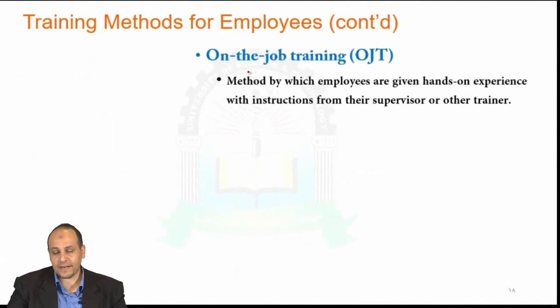Now, on-the-job training, as we said before, you learn by observing and you learn by practicing. So this is one of the most practical methods of training. It is the method by which employees are given hands-on experience with instructions from their supervisor or other trainer. In other words, they actually observe and try to imitate.